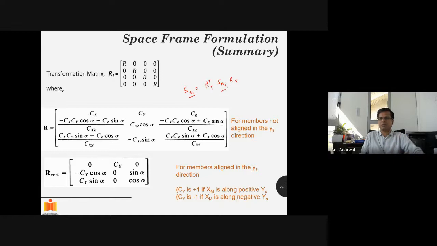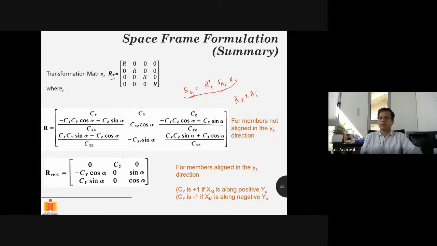This is the stiffness matrix in the member coordinate system, and you have to use this RT transpose. This is for the stiffness transformation. For a vector transformation, this is simply RT multiplied by A. A is basically a 12 component vector for the ith member.